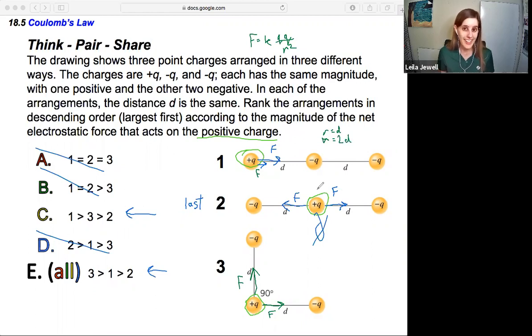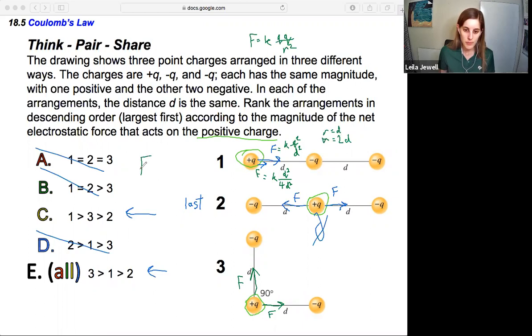Now, if you put that into this equation, you'd find that the first force comes out to k q squared all over d squared. But the second force comes out to k q squared all over 4d squared, because the 2 gets squared as well. What does that mean? That means the second force is a quarter of the first force.